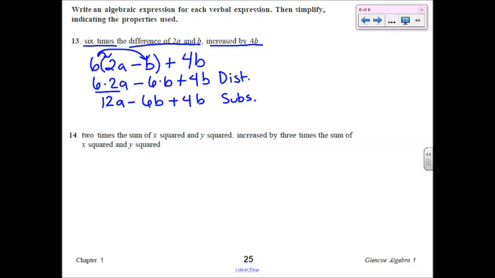Then I'm going to do the reverse distributive property with the 6b and 4b. So I'm going to have 12a minus, and then the b is going to be out front, 6 plus 4. So that again is the distributive property. 6 plus 4 is 10.